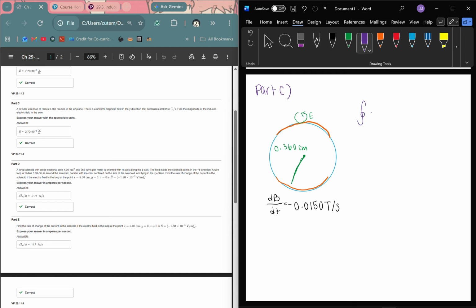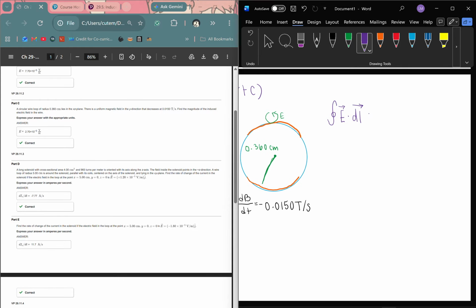The closed line integral around the loop of the induced electric field times the small piece of the circular path equals negative dΦ_B/dt, the rate of change of the magnetic flux, and it's negative because the field is decreasing.